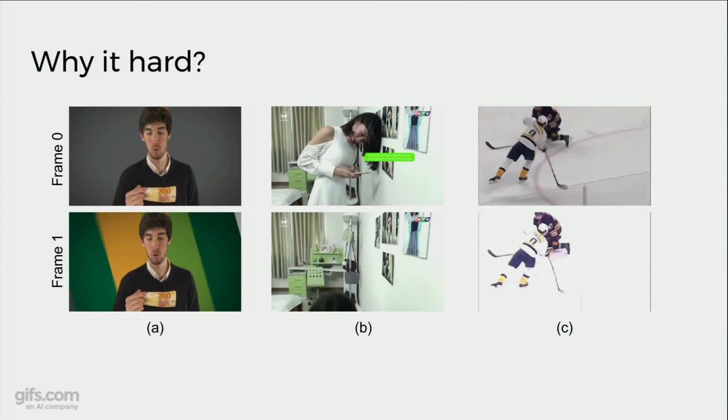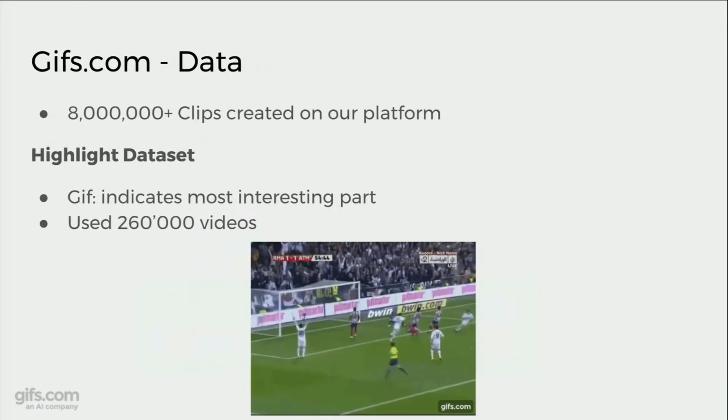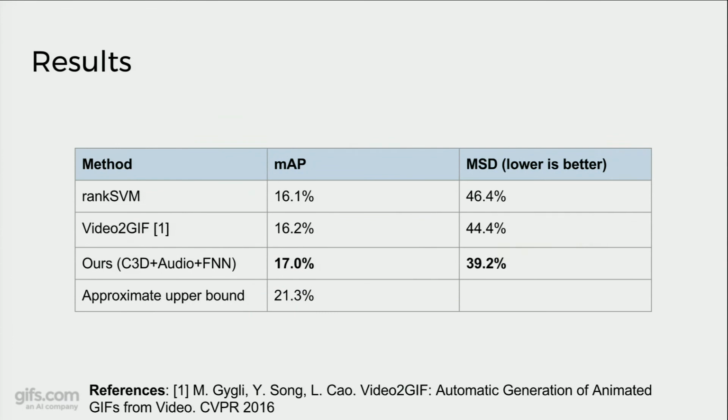Are you also using sound, or have you thought about using sound? For the highlight detection, yeah, we do use audio. We don't use speech recognition, but we have a network that we did at the lab here at ETH that detects environmental sounds, like clapping, cheering, and so on.